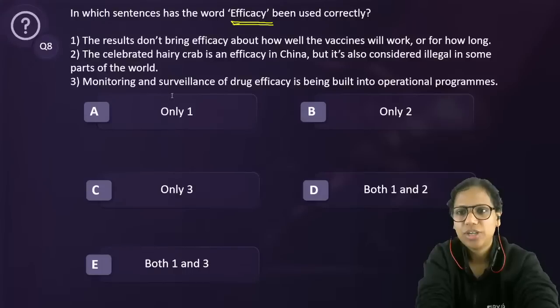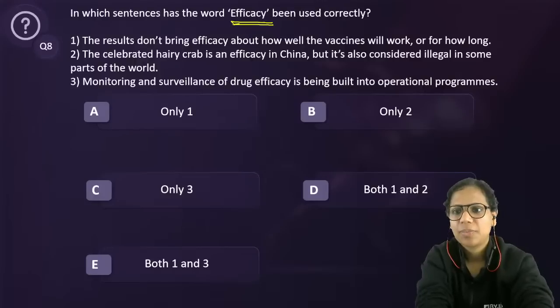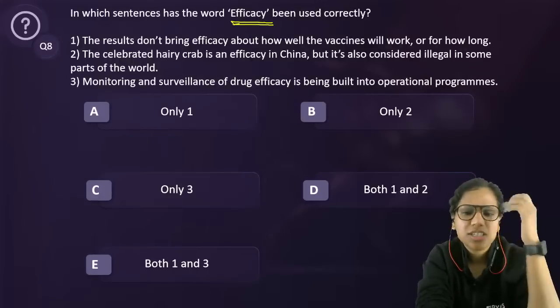B, D. Okay. What else? Okay. E. Very diverse responses.